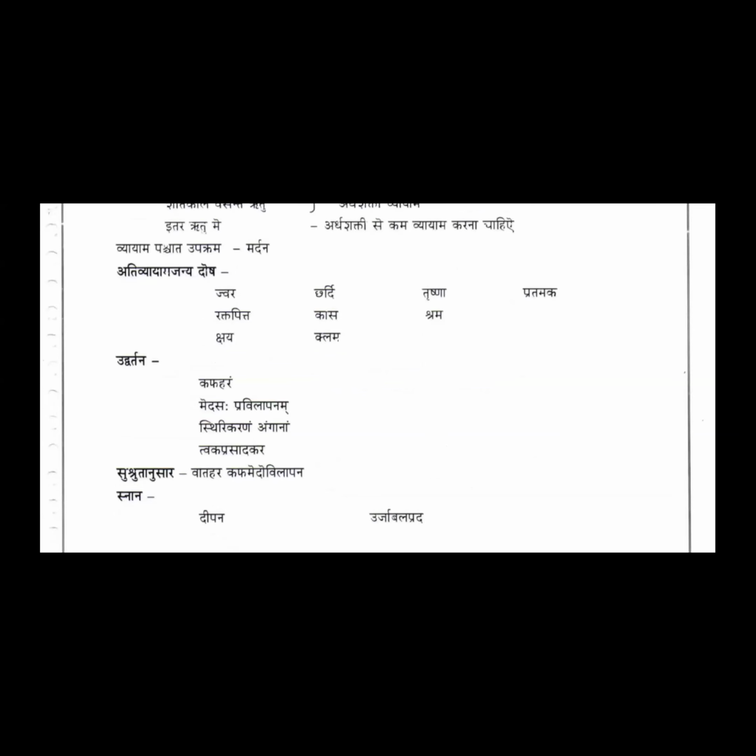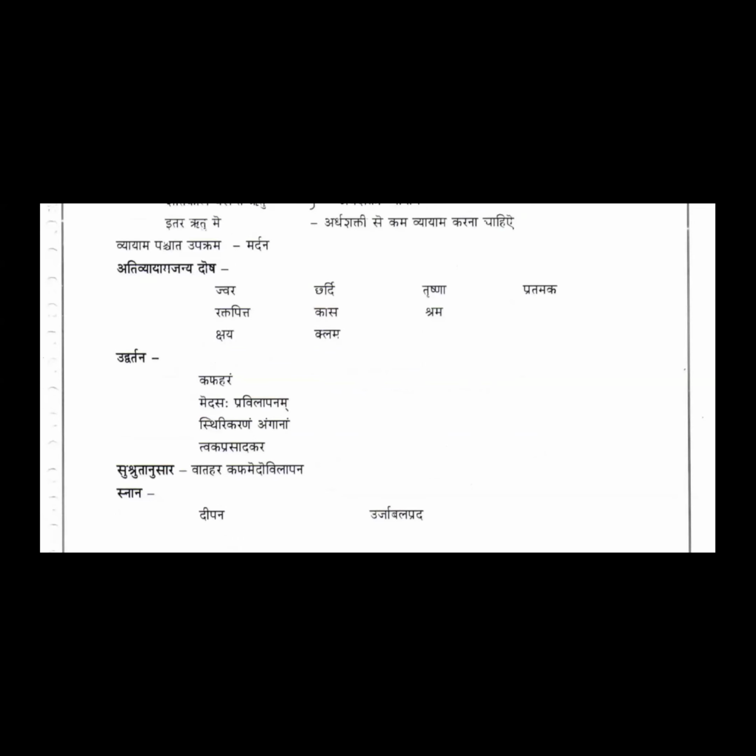Next is udvartana. So udvartana is kafaharam, medasaha pravilayanam. It causes sthirikaranam anganam and tvakprasadakaram. Here, sthirikaranam anganam is told for udvartana but not for abhyanga. Remember, sthirikaranam anganam is told for udvartana. It is not told in abhyanga.